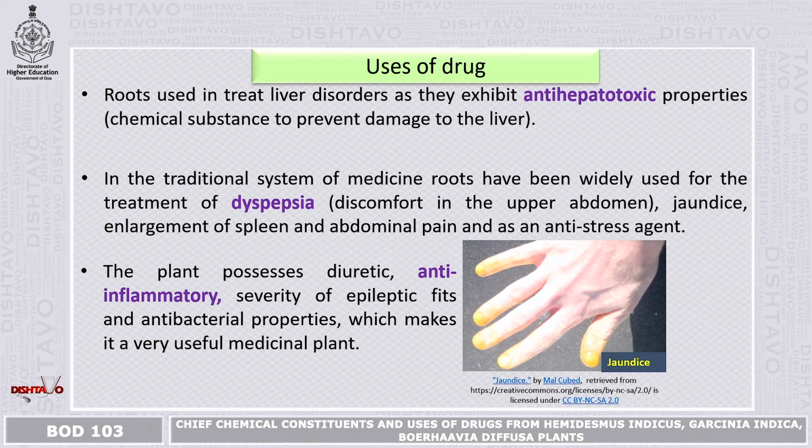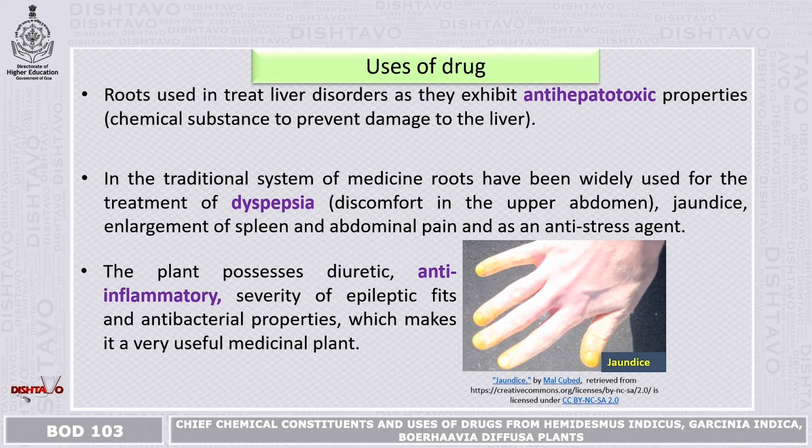People locally boil this plant and use the decoction for jaundice, enlargement of the spleen and abdominal pain, and also as an anti-stress agent. The plant possesses diuretic, anti-inflammatory, anti-epileptic and antibacterial properties, which makes it a very useful medicinal plant.